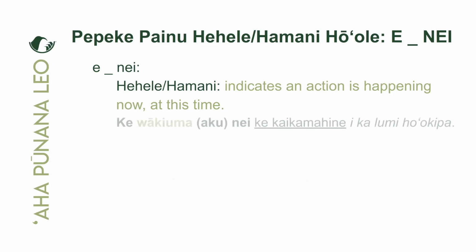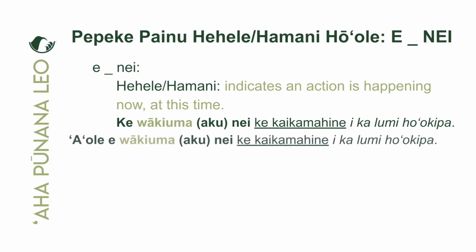Let's take a look. All right. In the first example, we said ke wakiuma aku nei ke kaikamahine i ka lumi ho'okipa. Now we're going to negate it with 'a'ole, and let's see what it looks like. 'A'ole e wakiuma aku nei ke kaikamahine i ka lumi ho'okipa.